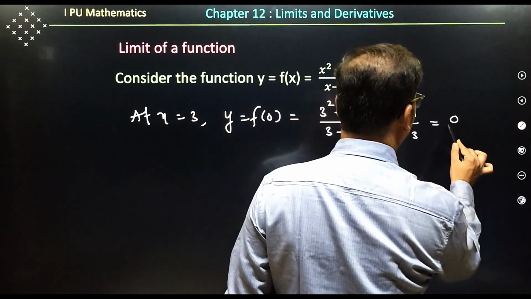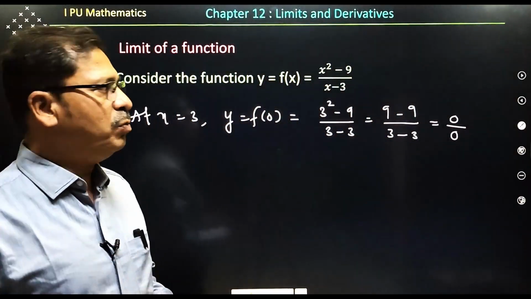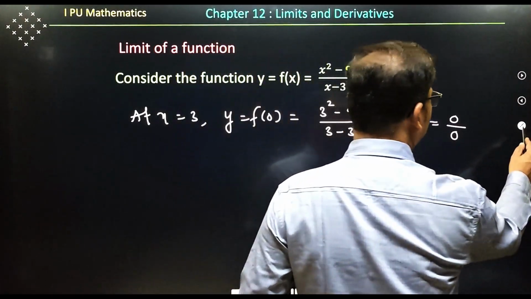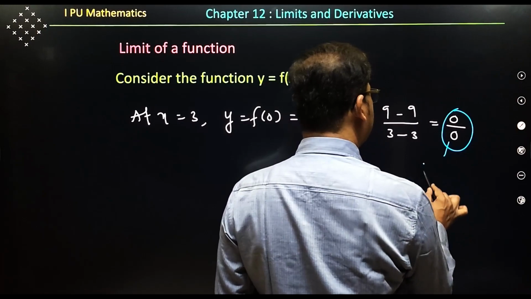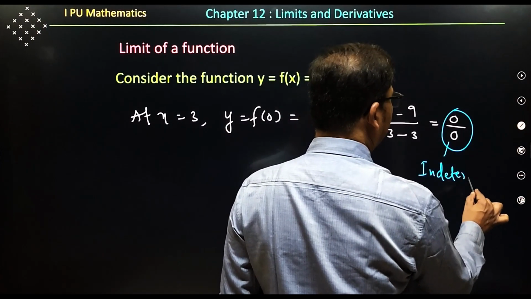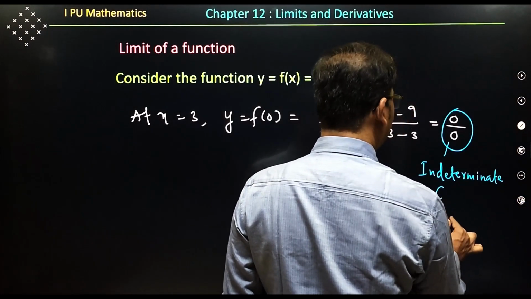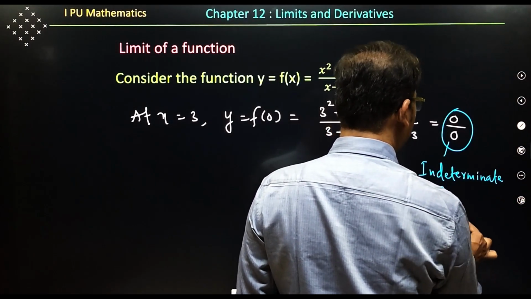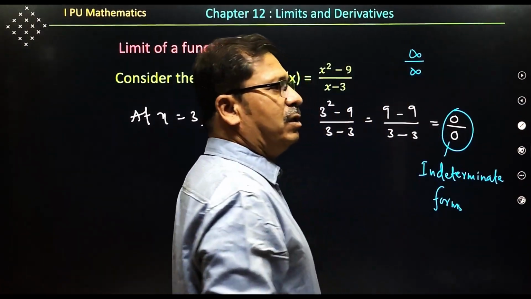See, by mistake don't write 0 by 0 is equal to 0. It is not possible here. In the language of mathematics, not only limits, this is meaningless. We say this is an indeterminate form. Many forms are there in mathematics, not only 0 by 0, such as infinity upon infinity, infinity minus infinity.